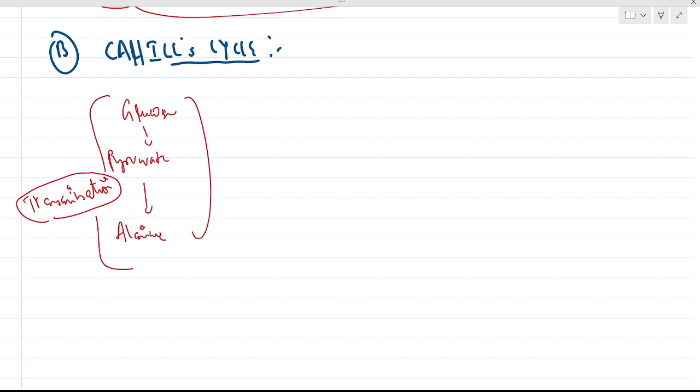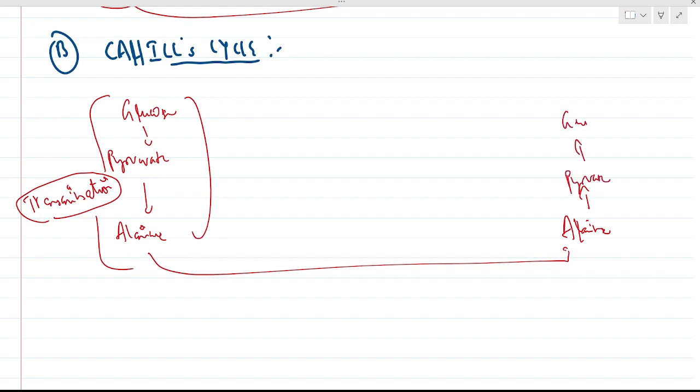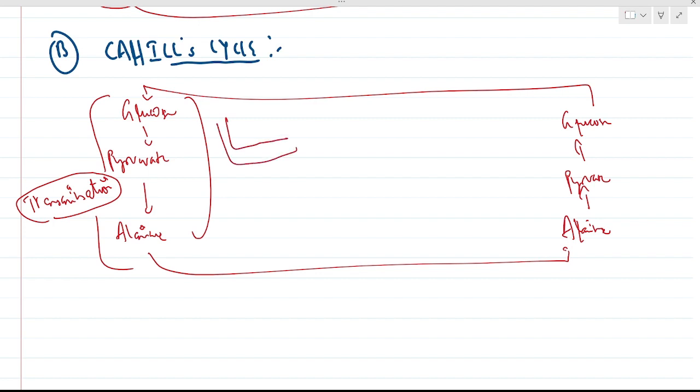Now this alanine goes to the liver, converted back to pyruvate, which is finally converted back to glucose, and then in a cyclical fashion it goes back to our skeletal muscle.